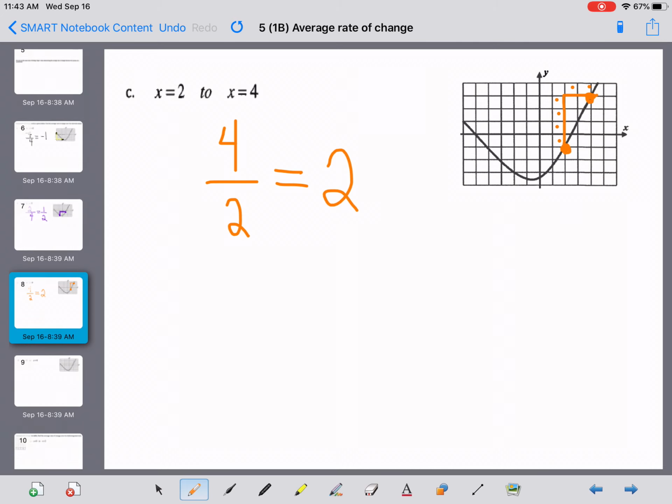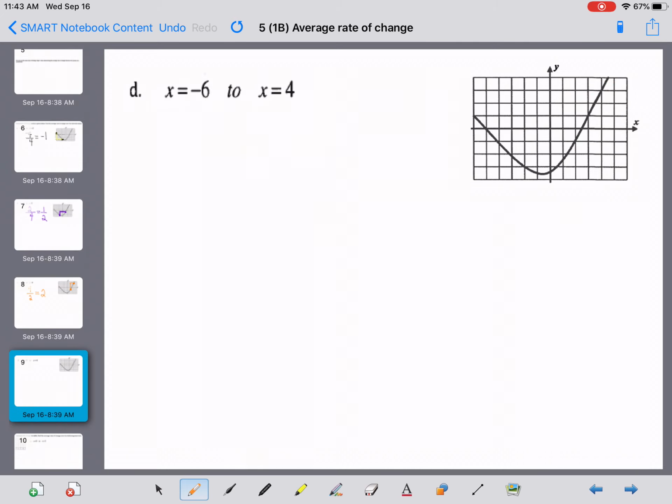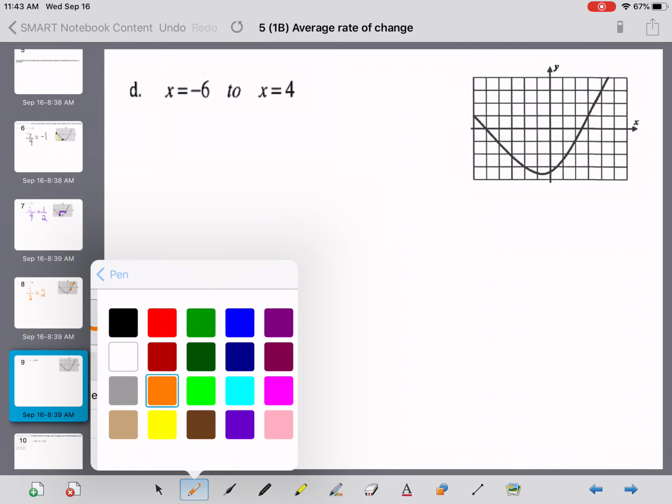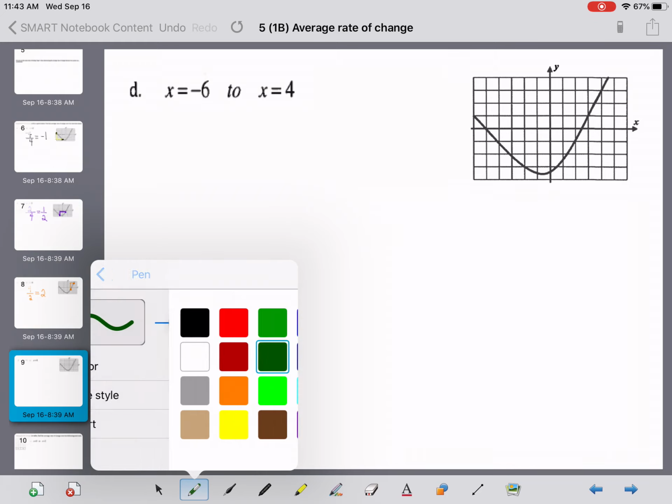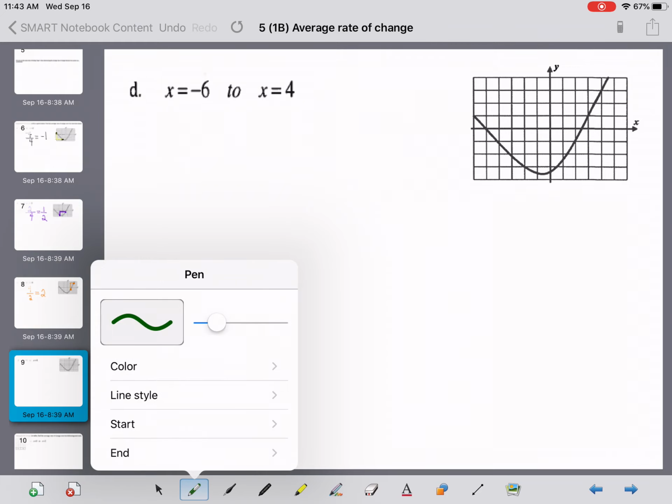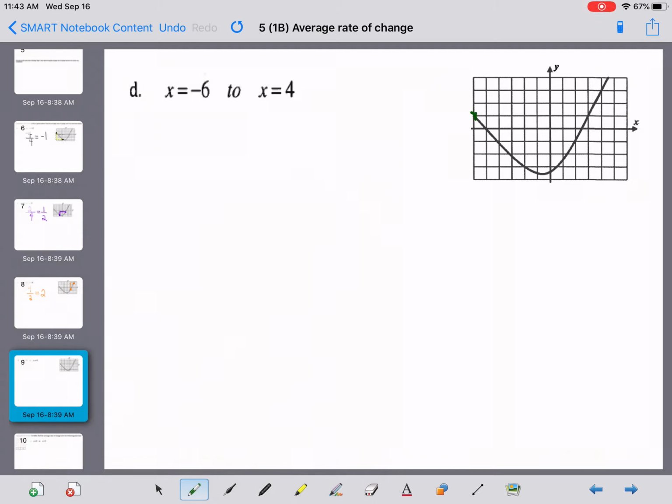One more example. From -6, so we had -6 earlier. There's -6 to +4. 1, 2, 3, 4. There's that point. So for looking at these here, we're going to go rise over run.